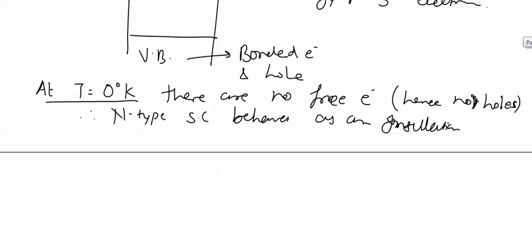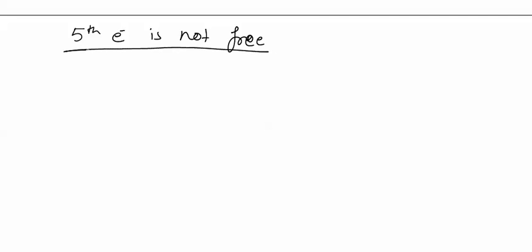We may have a doubt that the fifth electron can take part in conduction, but we have already shown that the fifth electron is not free, as it is with the nucleus of phosphorus due to a force of attraction. So we can conclude that an n-type semiconductor will behave as an insulator at T equal to 0 degrees Kelvin.